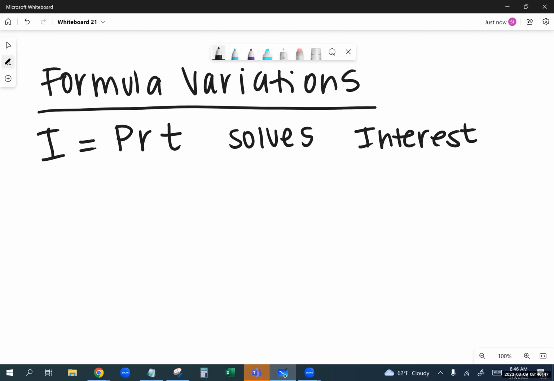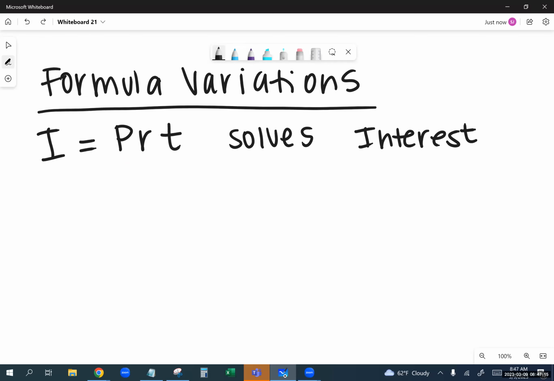Now let's say that something wanted you to actually solve for principal. What I would need to do is, and y'all don't write this, but algebraically speaking, if I wanted to solve for principal, wouldn't I have to divide both sides by R and T? Do you see what I'm saying? This is like the abstract formulas that I do in algebra, and no one ever understands them, but you're just solving for different variables. So I don't have to write that because I'm just going to give it to you the way it is, but y'all just need to know I'm moving things around, okay?